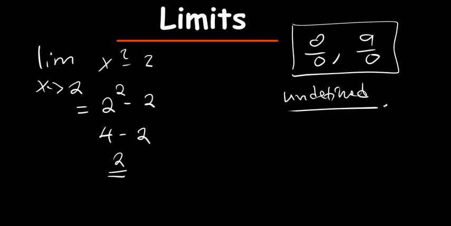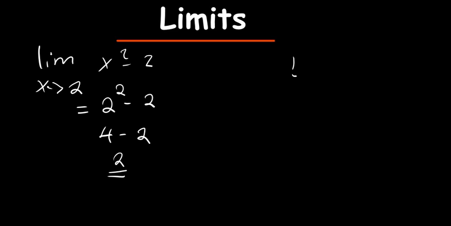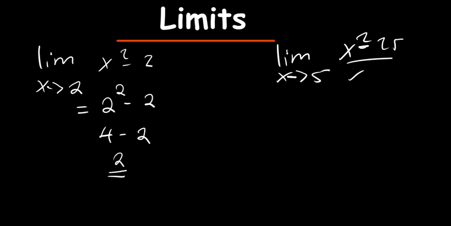A simple example whenever we're talking about undefined: if I've got limit as x goes to 5 of x squared minus 25 divided by x minus 5, and I plug in 5 directly, I'm going to get 0 over 0. That is undefined. How can I run away from undefined?